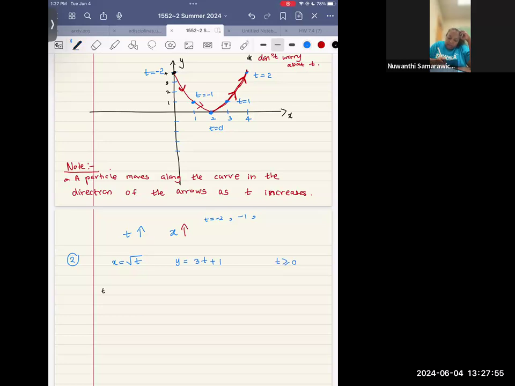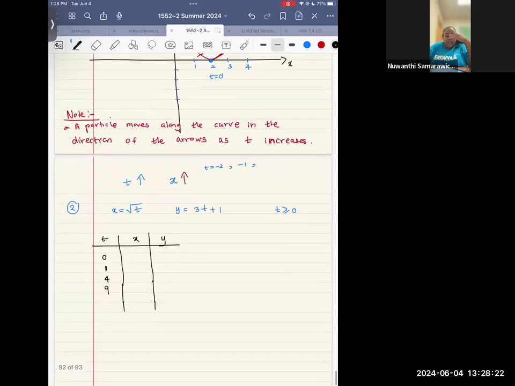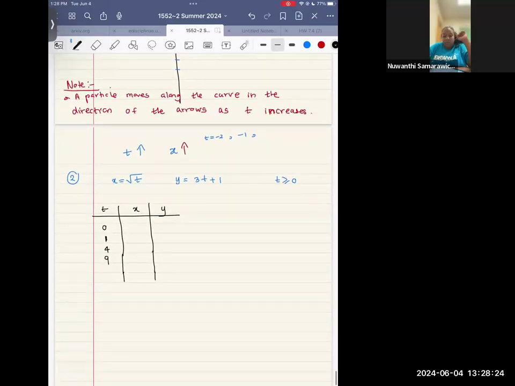I'll write the table: t, x, y. Let's get some easy values for t: when t is equal to 0, 1, 4, 9. Can you find the x and y values? Complete the table and draw the graph.